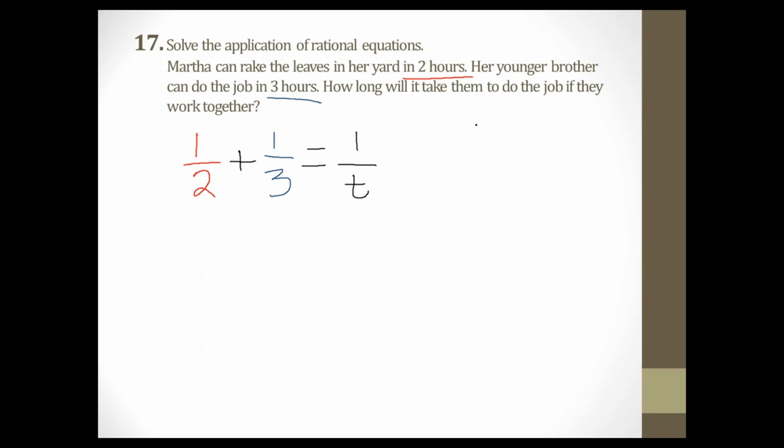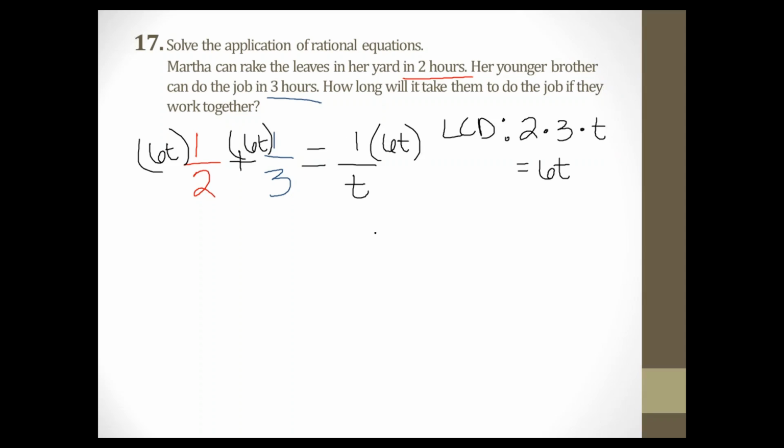So we want to multiply everything by the least common denominator. If we're looking at 2, 3, and t, we want to include each of those factors in the denominator. So 2 times 3 times t is 6t. So let's multiply everything by 6t. So I'm multiplying by 6t right here, 6t right here, and 6t right there.